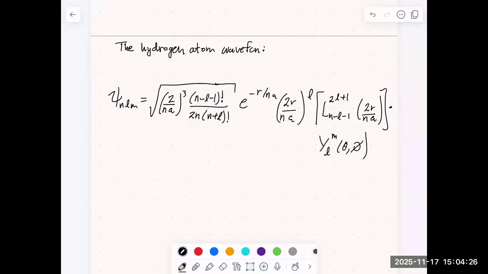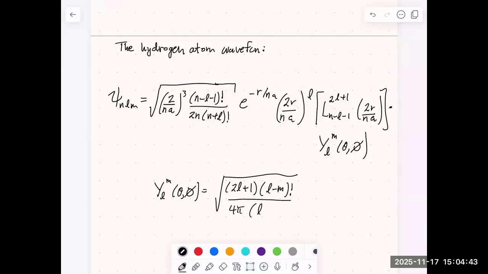Let me just, so it's all in one place, write down the spherical harmonics again. It had its own monster of a normalization factor. Okay, and then it was e to the im phi.